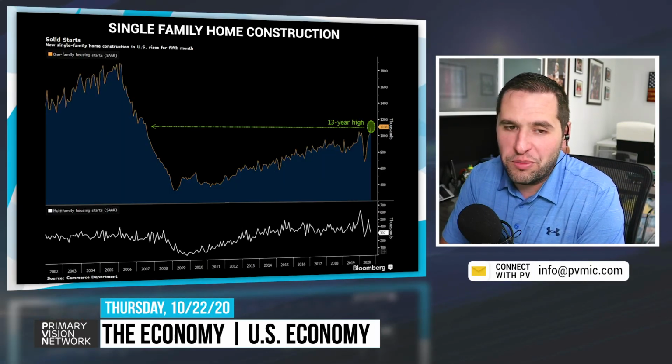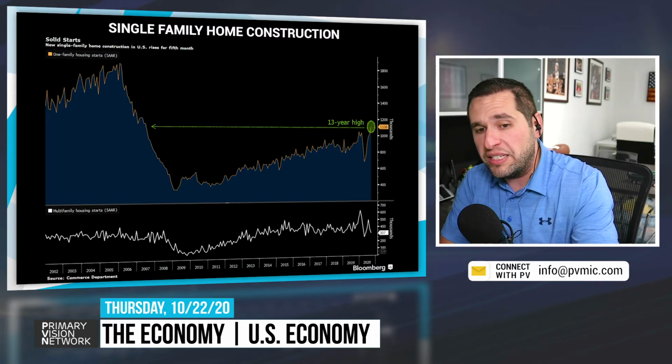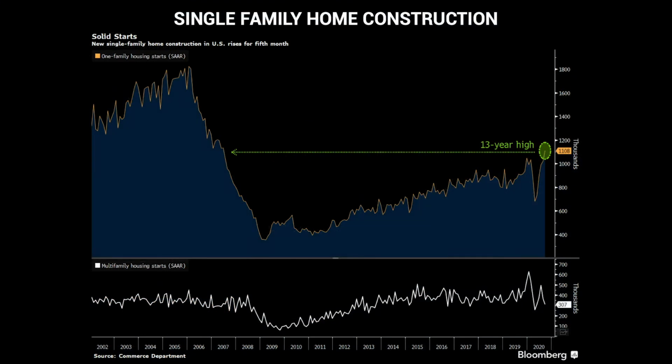And so here we go in terms of solid starts. New single family homes is at a 13-year high if we just look back in time. And multifamily housing starts, now it's down, but again, if you just look at where we are, we continue to see this average, and the trend remains relatively stable at these levels.